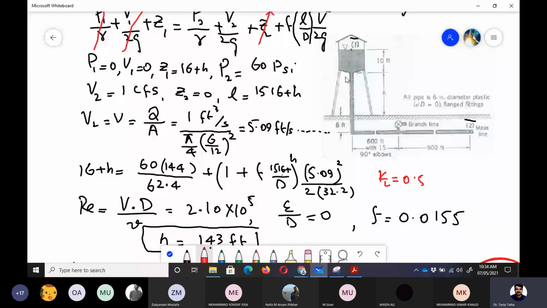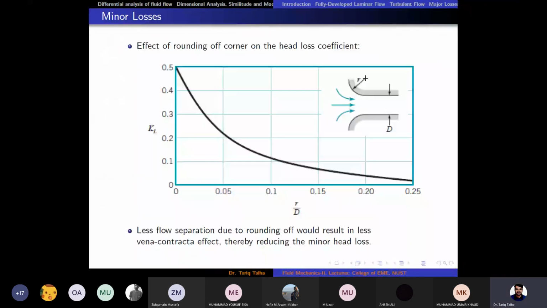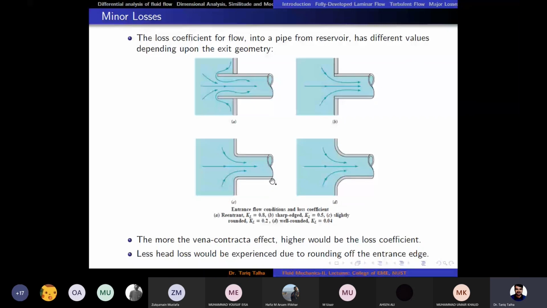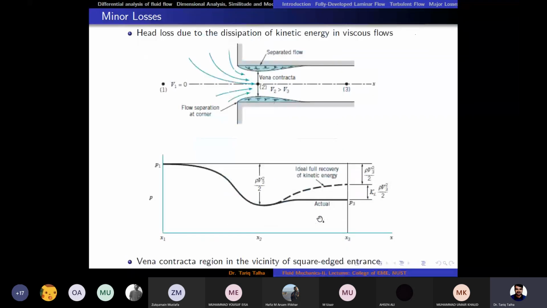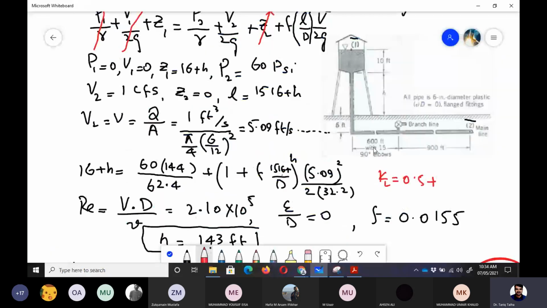If I take you back here, this is the sharp edge. So for part B, that is 0.5. So one thing we have taken. Then 0.5 plus 15 90-degree elbows, so 15 × 0.3.